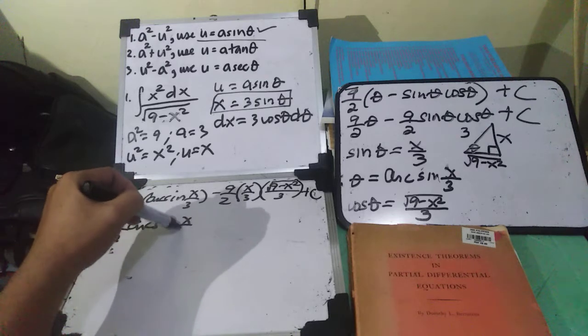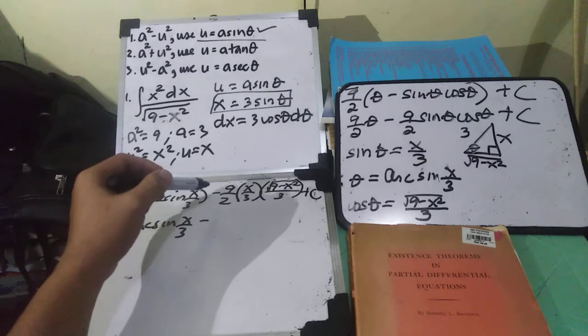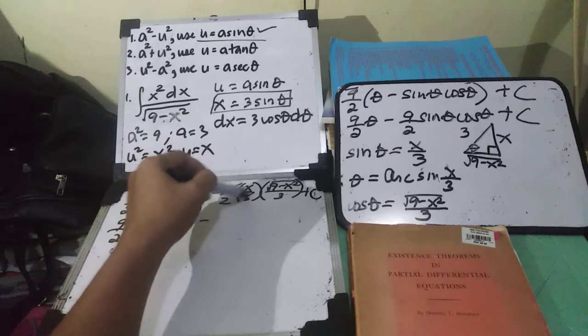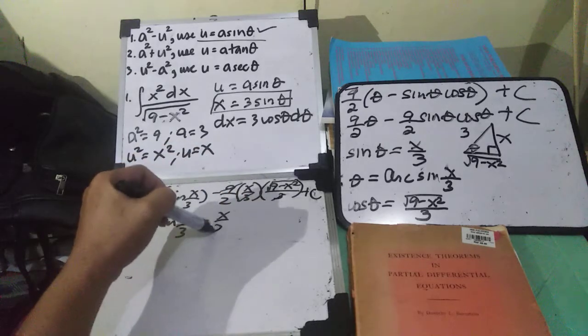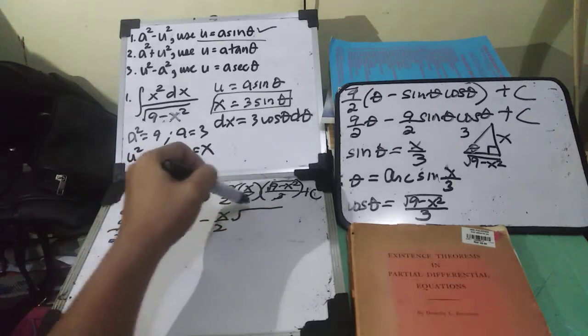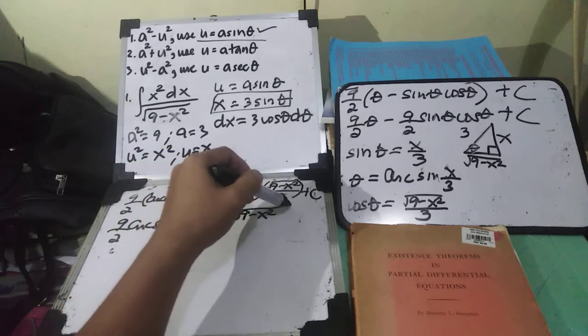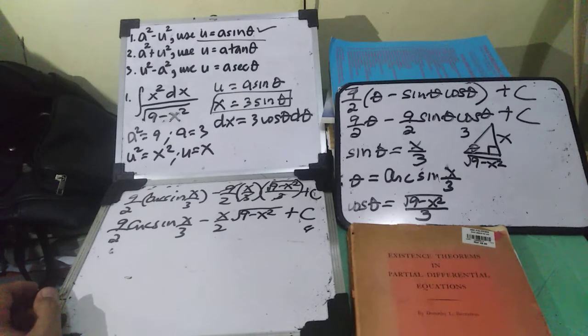Then upon simplifying, we have 9 over 2 arc sine x over 3 minus x over 2 times the square root of 9 minus x squared plus c. So the final answer now is in algebraic form, in terms of x. And this is done by trigonometric substitution.